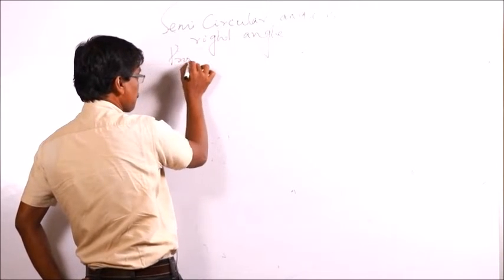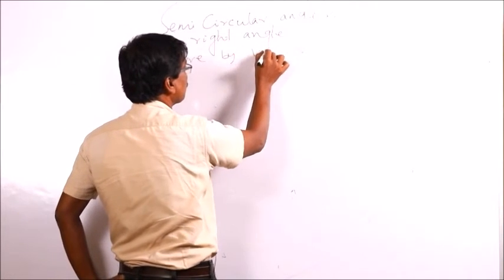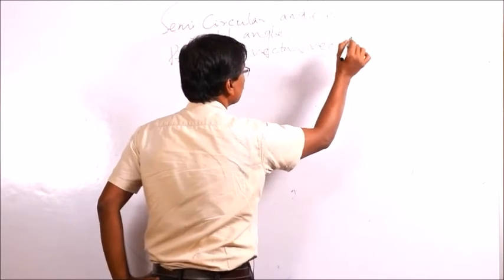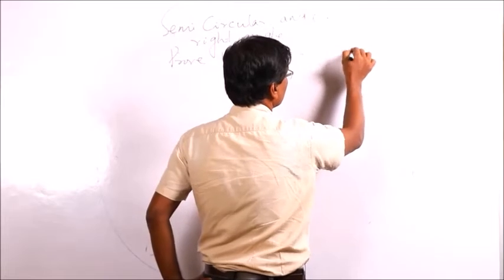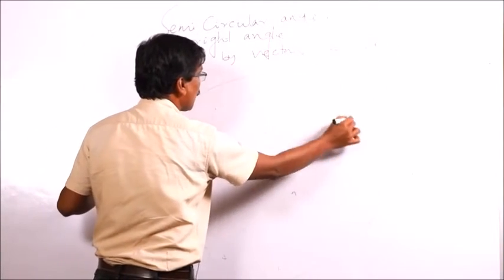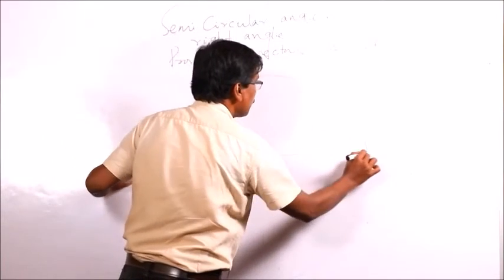Prove by vector method. So we can prove whether the half circle angle is 90 degrees.